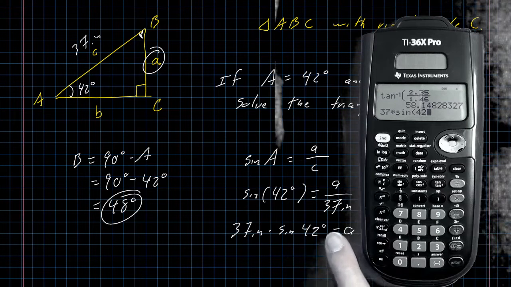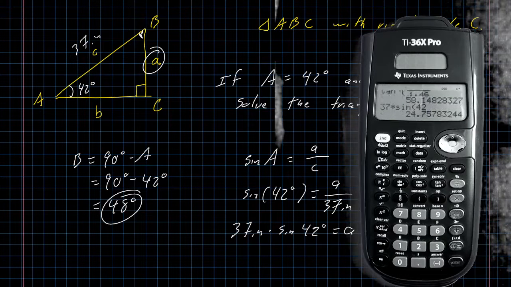That angle is given in degrees. Everything works out. I get that side A is 24.757, etc. But because 37 and sine of 42 degrees both have two significant digits, I will round this to two significant digits and call it 25 inches.